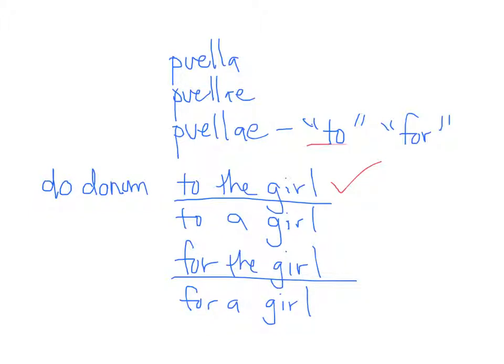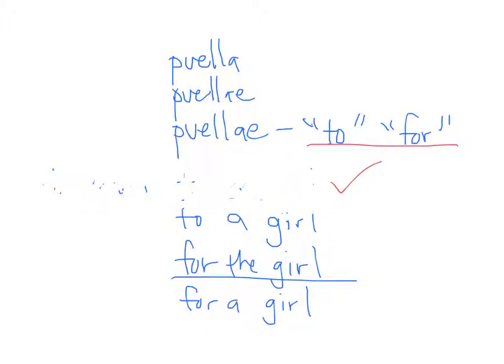So the dative is best translated as to or for, whether it's in the singular or the plural. Master that conjugation. If you look at the conjugation of the plural, it's no different as far as how you translate it. It's just a different case ending. Whereas the singular has an ae on the ending, the dative plural has an is, but you would still translate it as to or for.